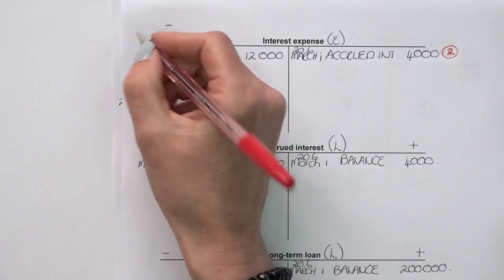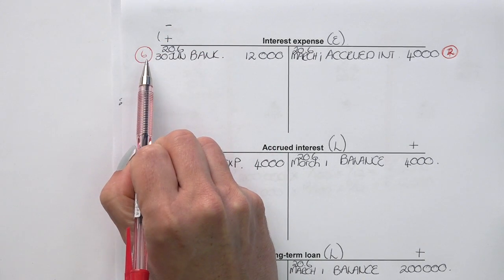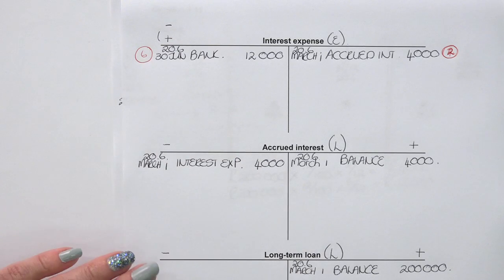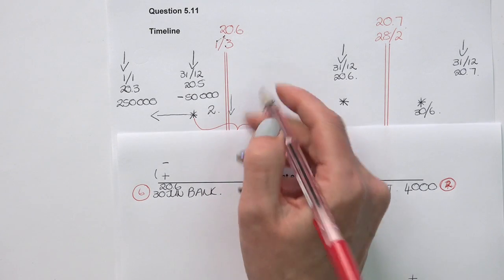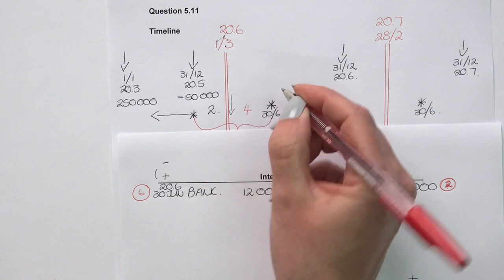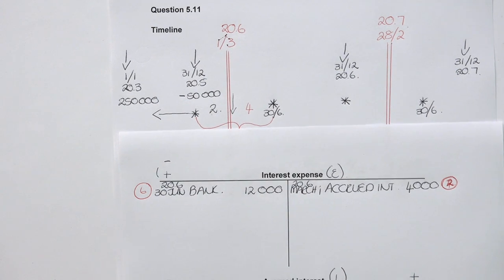If you now look at your accounting entries, if this was a payment for 6 months, how many of the 6 actually belongs to this financial year? Of the 6, only this 4 months belongs to this financial year. And that's why we had the reversal of the 2.